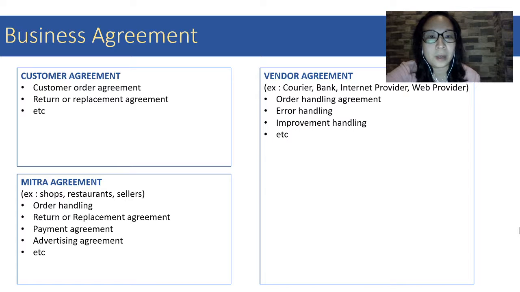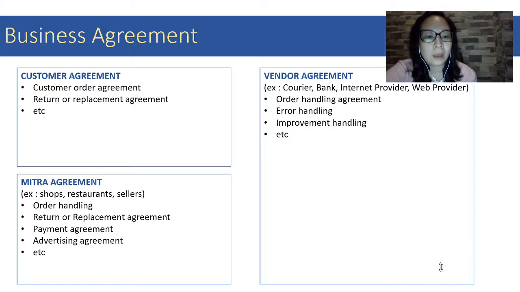For example for the cloud server, previously you only ran 10 terabyte, and now you want to improve it to 100 terabyte, so what is the improvement handling agreement with the provider?